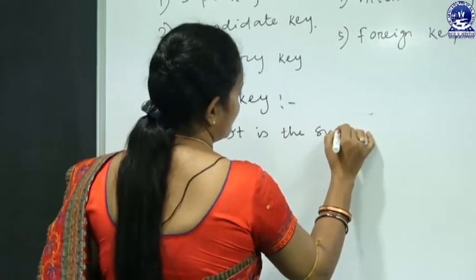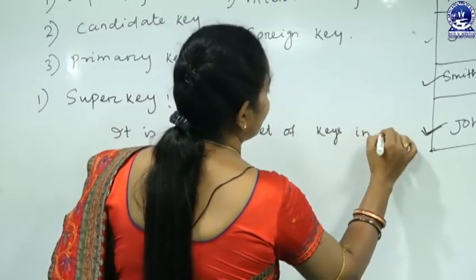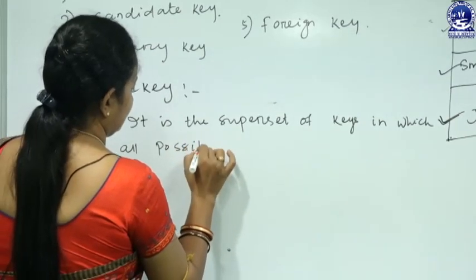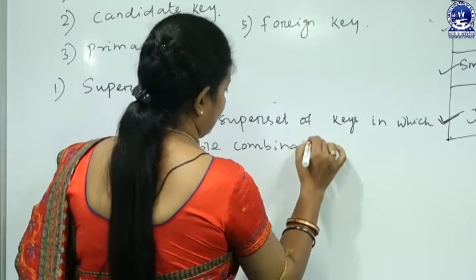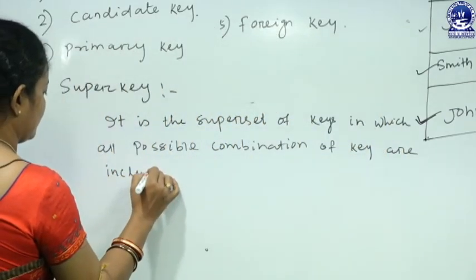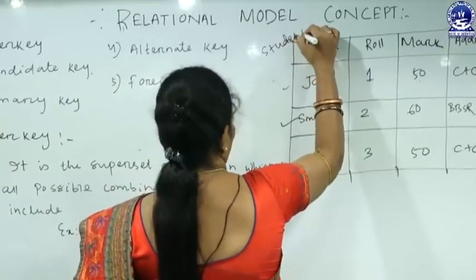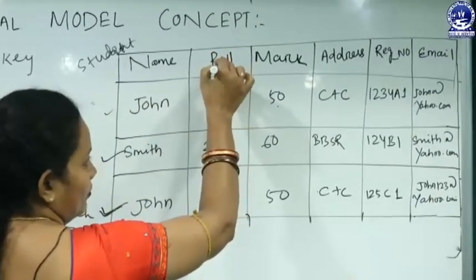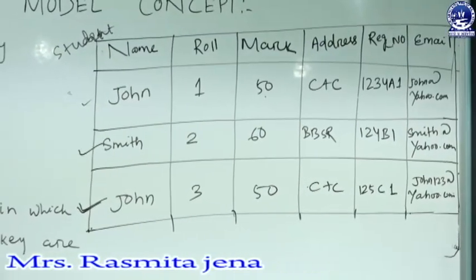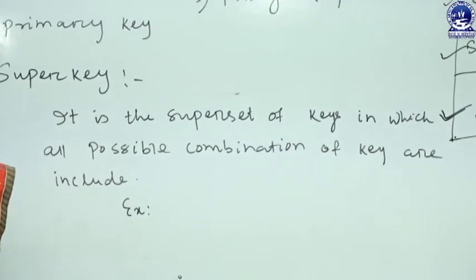Let us see the example. In the student relation, the roll number may be a super key because by using this key we can uniquely identify a particular tuple in a relation, because as per the definition, a super key is the key which is used to uniquely identify a record or tuple in a relation.